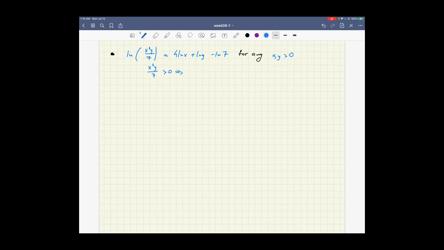But that is if and only if x to the power 4 times y is positive, because the denominator 7 is always positive. And that is if and only if x is not 0 and y is positive. So in particular, x could be negative.